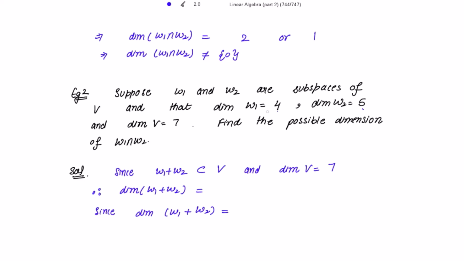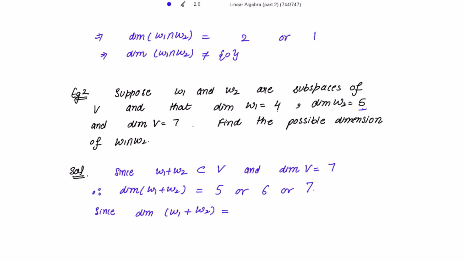So we can take the dimension 5 but not 4, because we are taking the sum. We can take this dimension as 5 but not 4, or 6, or the dimension of the vector space, which is 7.